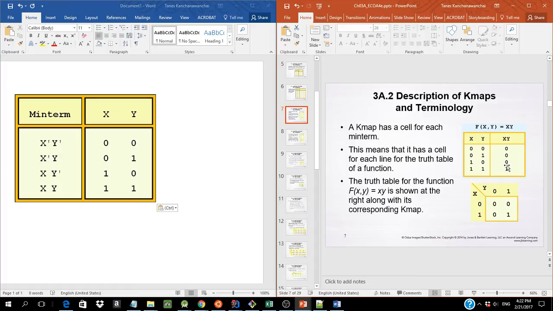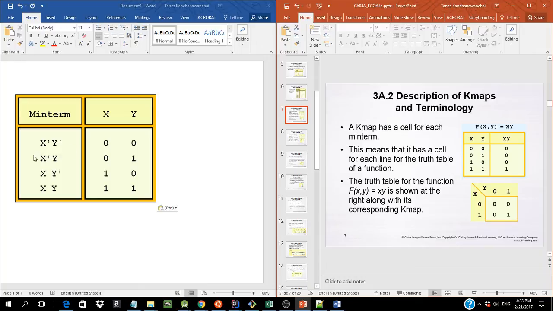So we talk about this table again. Let's compare. This minterm happens to have a 0 and 0, that's why it's 0. But it can be represented in this term x prime, y prime when you don't know what x and y are.